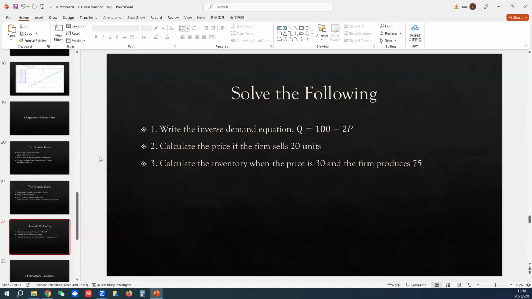Okay, so let's now switch to the document camera to look at this problem. This problem is that quantity equals 100 minus 2P, okay?